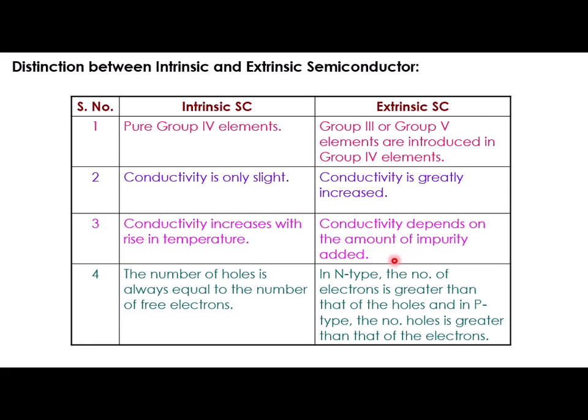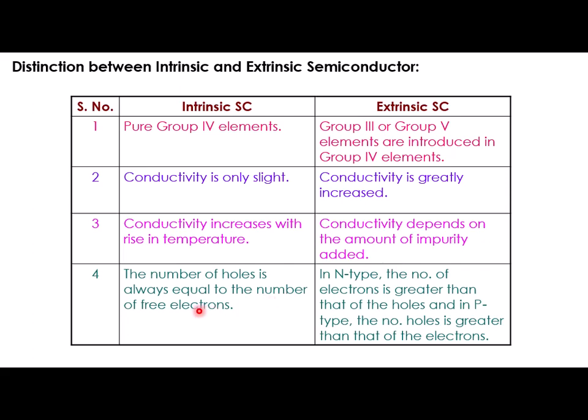If you increase the impurity amount, then the conductivity will increase. Temperature has very little role in the conductivity. If you increase the temperature, the number of electrons will increase, but at the same time the number of holes will decrease to keep the product n times p constant.